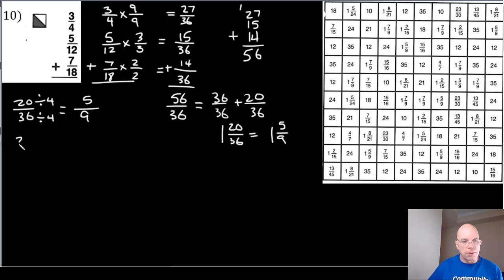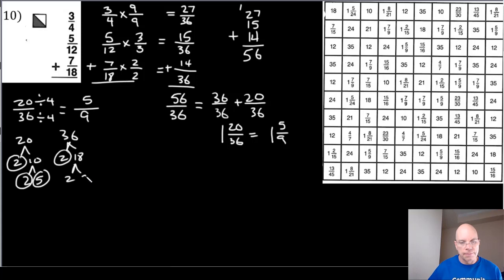Or you could use the method we learned where we do the prime factorization of the numerator and the denominator. 36 is 2 18s, 18 is 2 9s, and 9 is 3 3s.